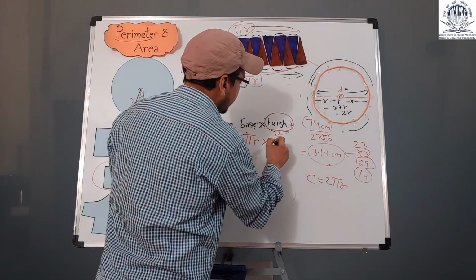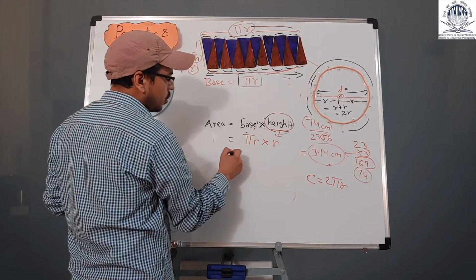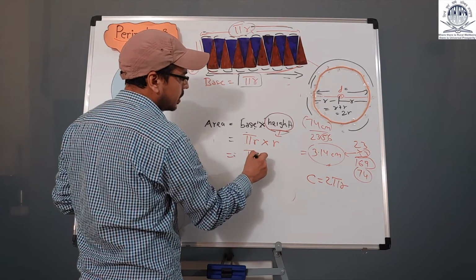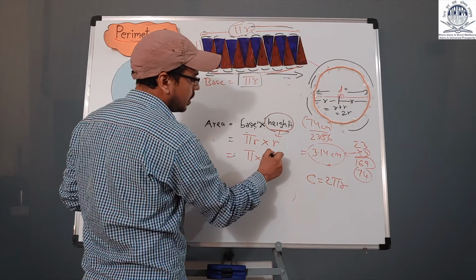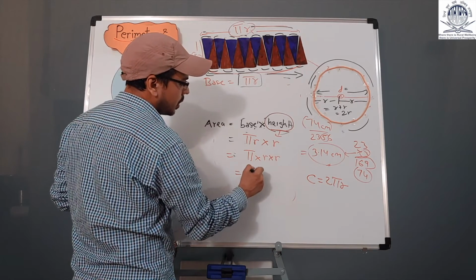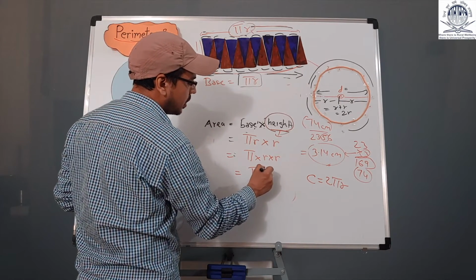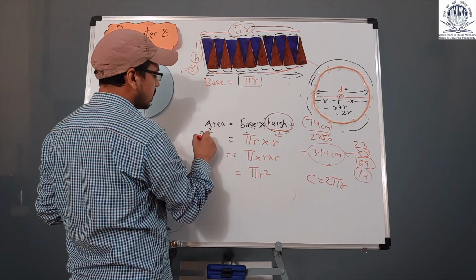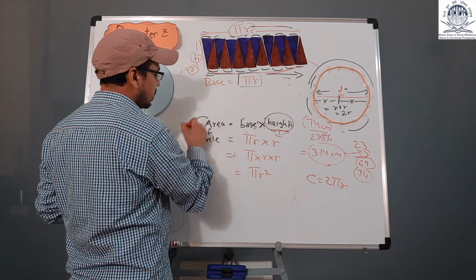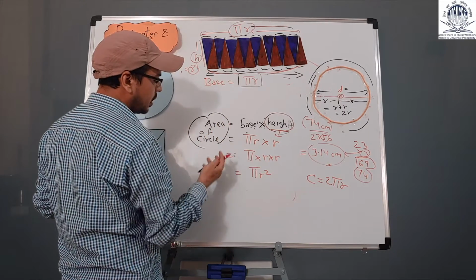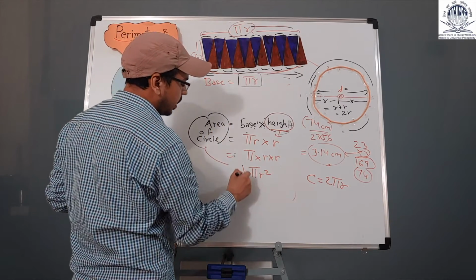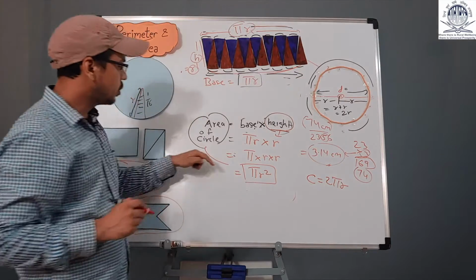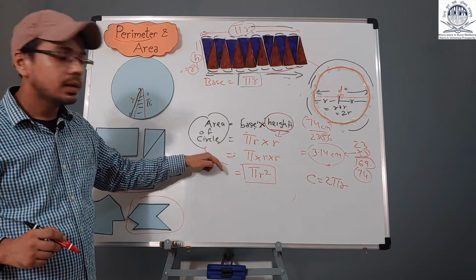Yes, we can write height as radius. Now this comes out to be pi into r, which is nothing but pi r square. So we can say area of circle is equal to nothing but pi r square.